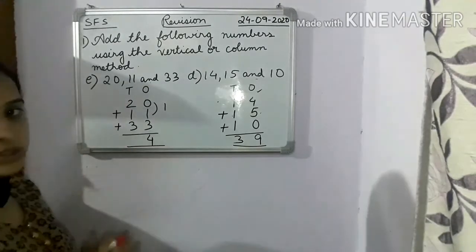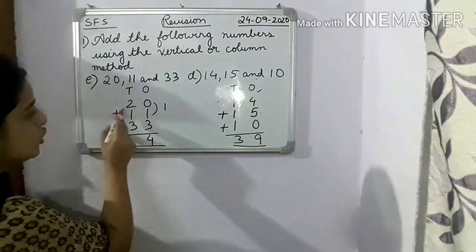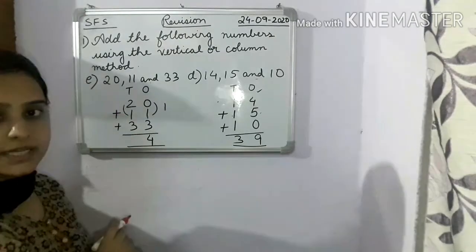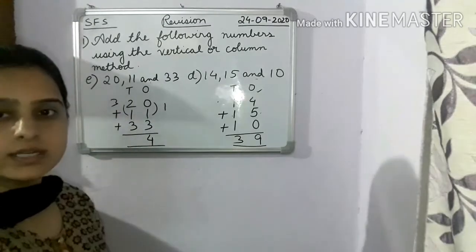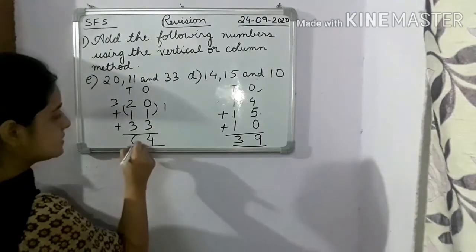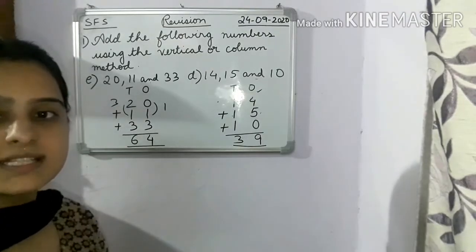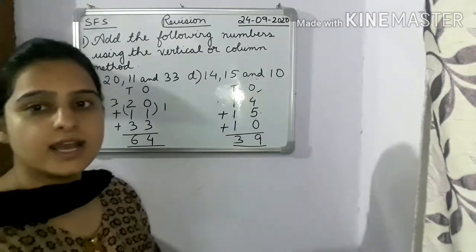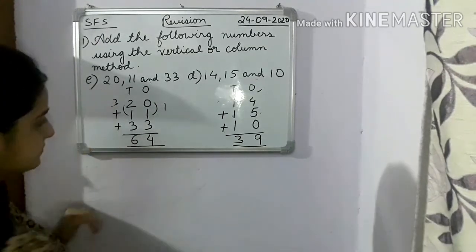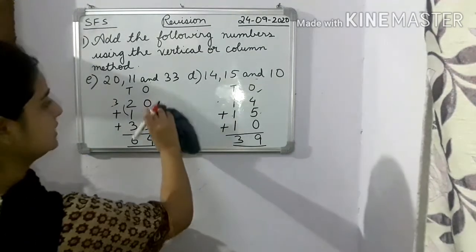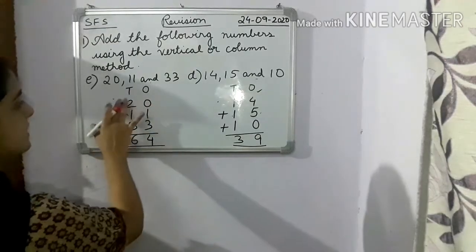Now let's move to 10's place, children. 2 plus 1. We'll add first 2 digits. 3. Then 3 plus 3 is what? 6. So the sum is 64. Is it clear? You can note down this in a copy, children. You can do yourself, try yourself first.